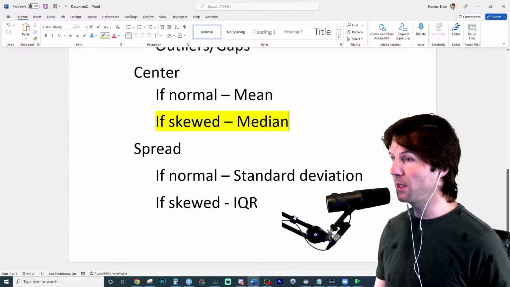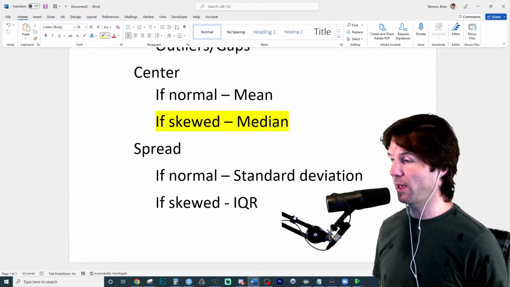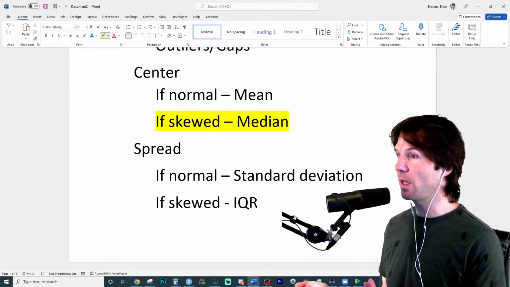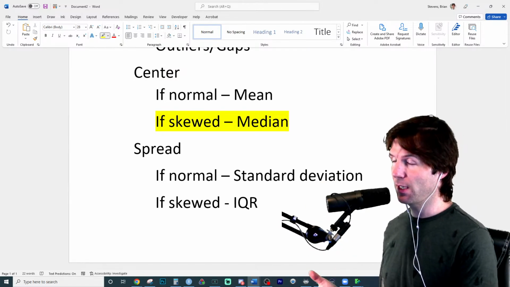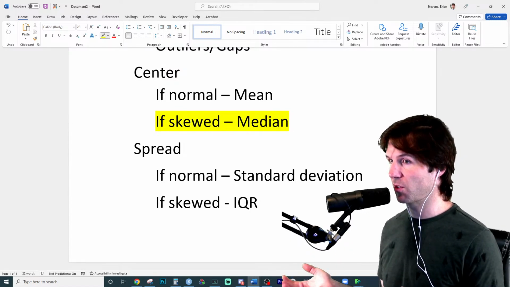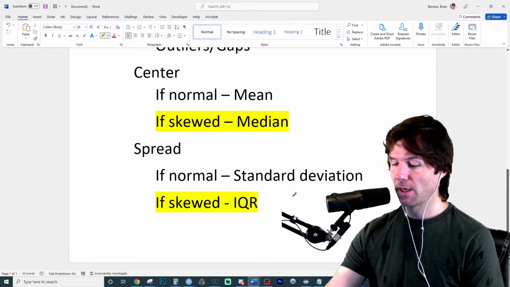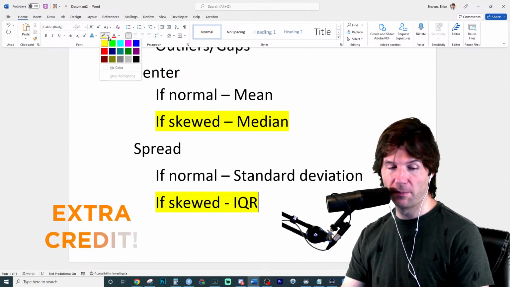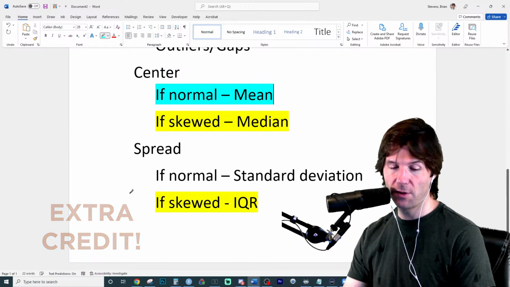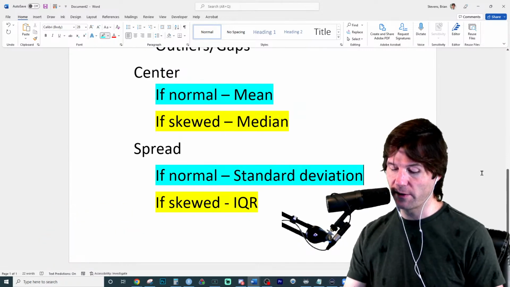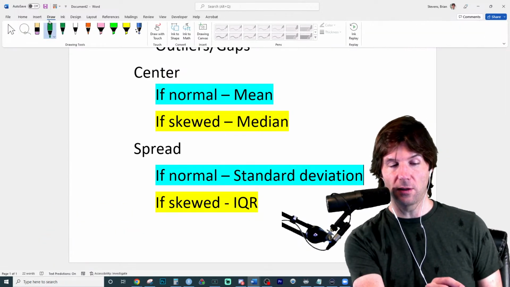If you say I'm using the median for center, what's your spread? As soon as you say the median's the best measure of center, then instantaneously, what's your best measure of spread? IQR. Great job, Julia. Keep getting those points. And if you're saying use the mean, then you want to use standard deviation.